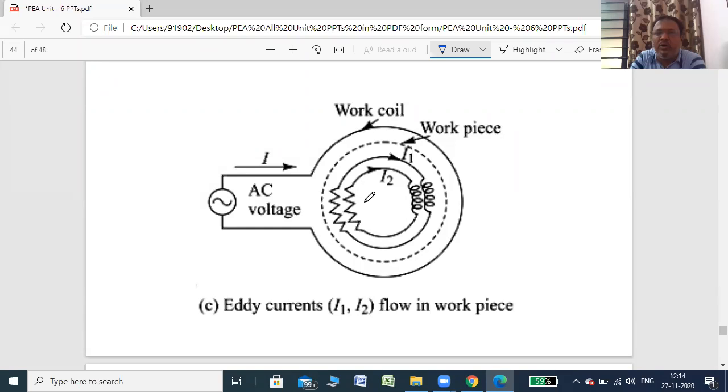When we apply current to the coil, and if you place a conductor in that particular coil, then the magnetic flux is produced in that workpiece, and then again the EMF is induced, and once EMF is induced, again a magnetic field is produced across that workpiece, and because of that again the current will flow through that workpiece. That is called an eddy current. Okay, so that eddy current will start to flow.